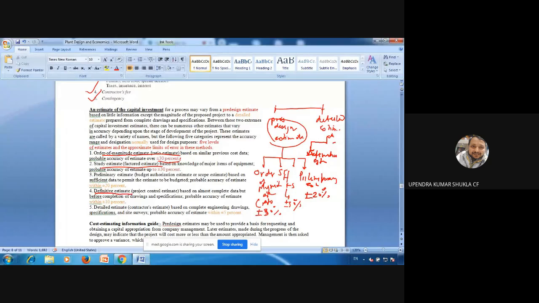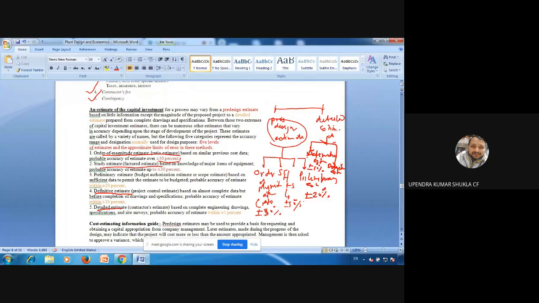See, definitive estimate and detailed estimates. Who will give the detailed estimates? Contractors; they will make and give the detailed estimate. So detailed estimate is based on detailed pricing, the detailed cost estimate. And for the definitive estimate you will find the error plus minus 10%.